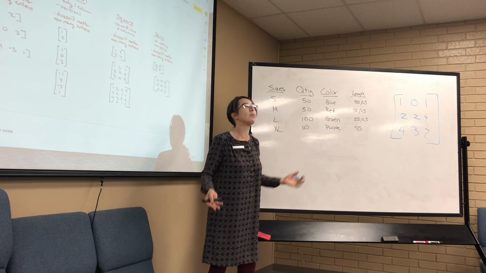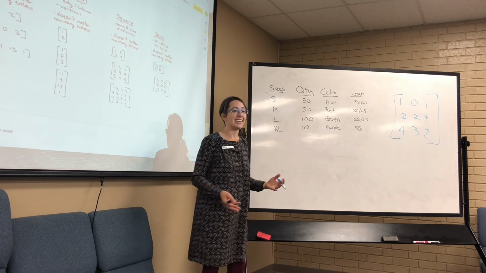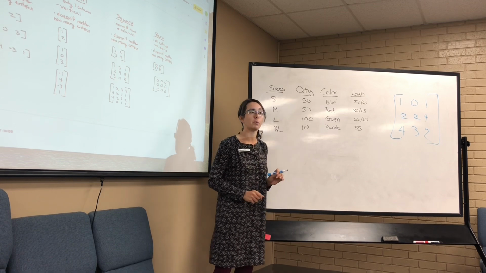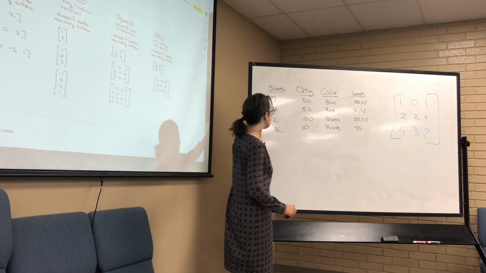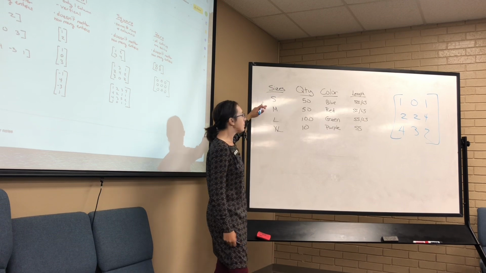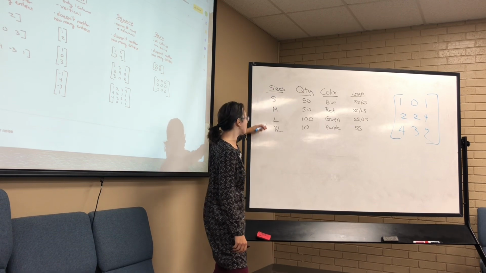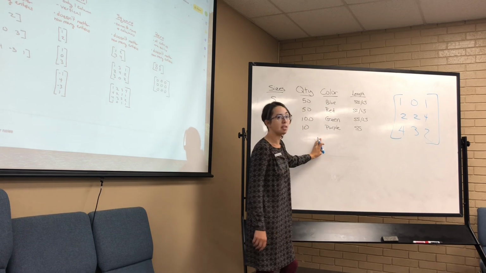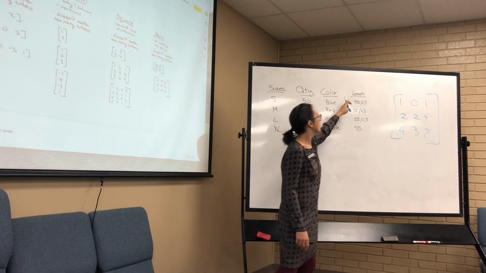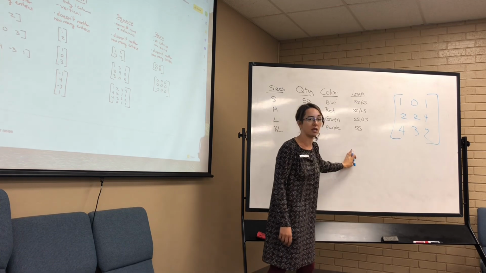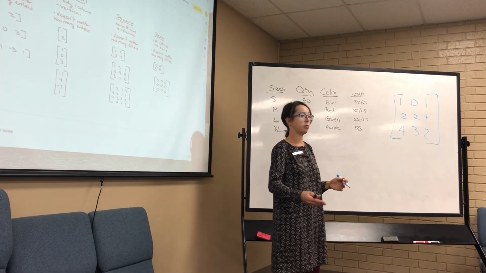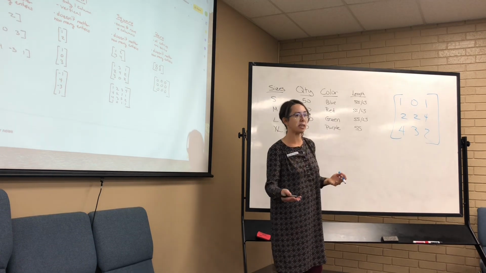Okay, how would we organize that in a way that we don't have a whole bunch of little pieces of paper lying around? For example, a company might want to organize small, medium, large, extra large, how many they currently have in stock, what colors they have available for each of them, whether they have short sleeve or long sleeve, whether it's a hoodie or a t-shirt, whether it's a men's cut or a women's cut.